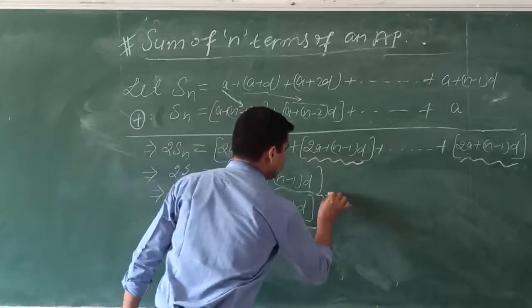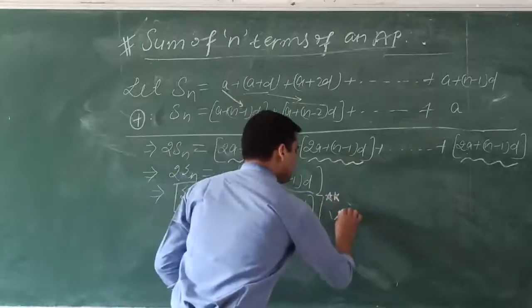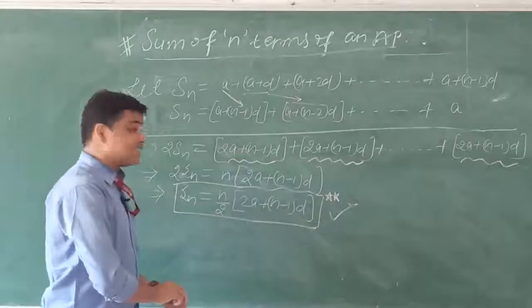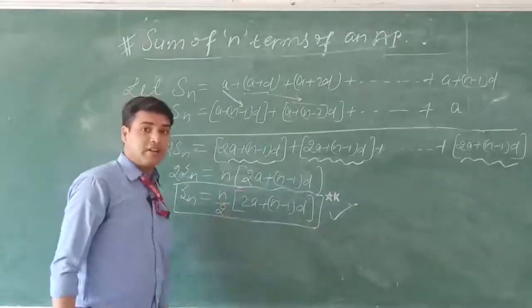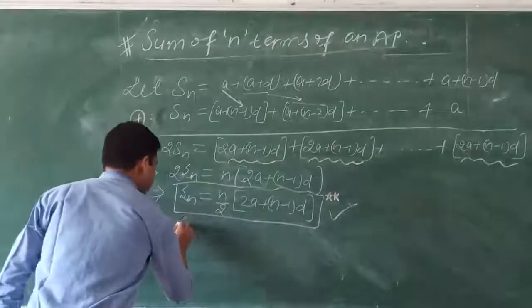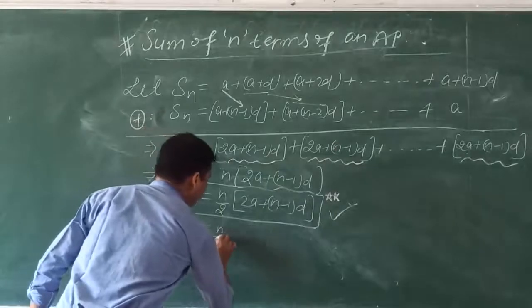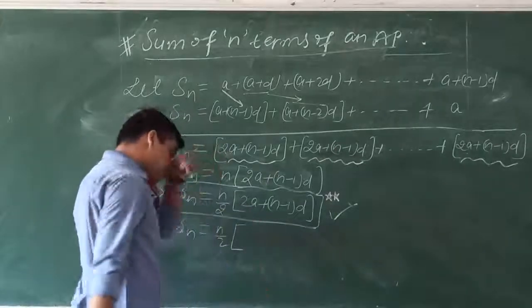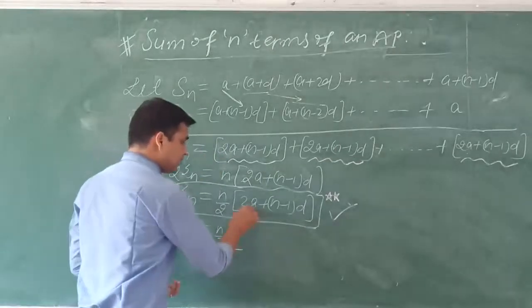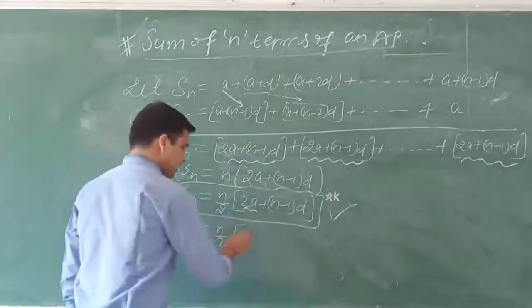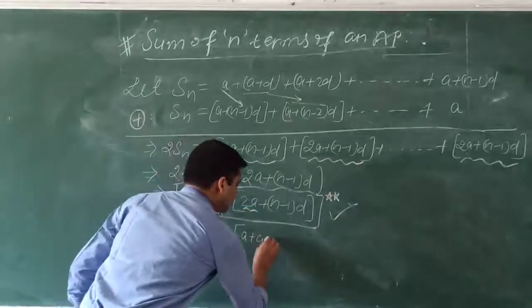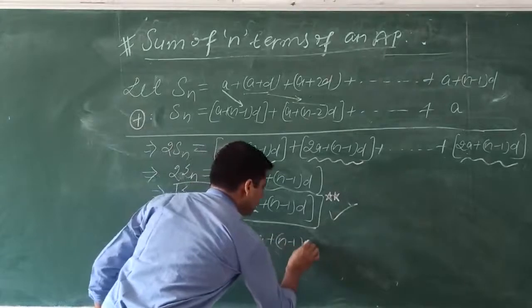This is a very, very important formula. We use this formula when n is given. Suppose n is not given, then what will we do? Simple. See this here: Sn equals n by 2. This 2a we can split this way: a plus a, so a plus a plus n minus 1 into d.